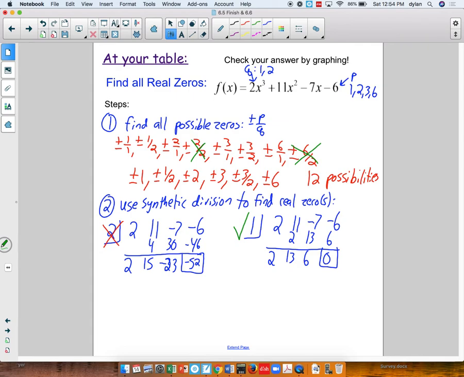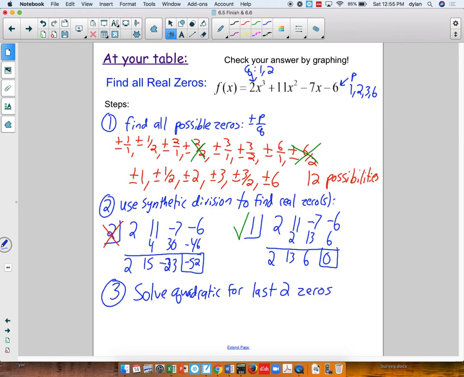And at this point, we're down to just a quadratic remaining. Our remaining quadratic here is 2x squared plus 13x plus 6. So step 3 in this case is solve the quadratic for the last 2 zeros.